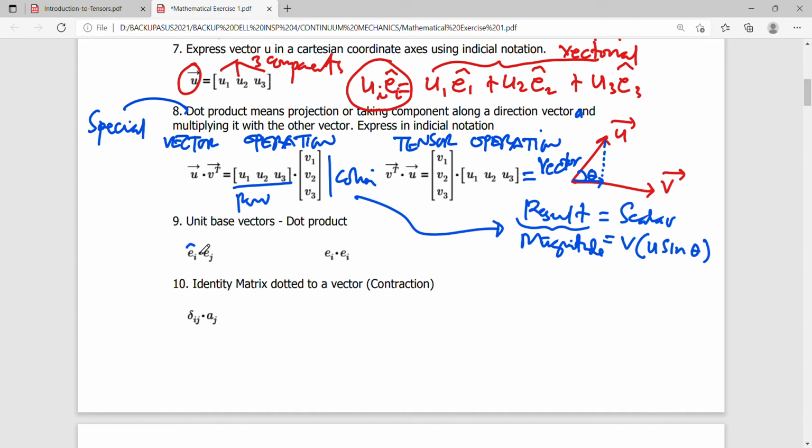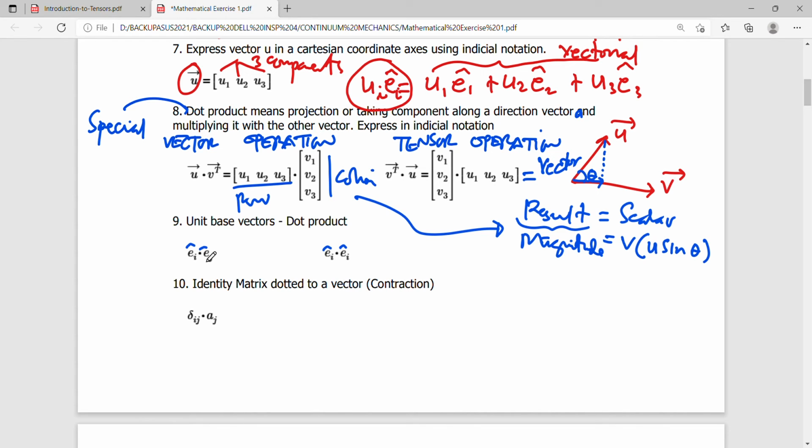Okay, we also have what you call the unit basis vectors represented by the letter E. Of course, there's a caret symbol here. I cannot place a caret symbol in MathCAD. So normally the E there simply gives you an idea that this is a unit basis vector. It is actually a directional vector with a magnitude equivalent to 1. Okay?